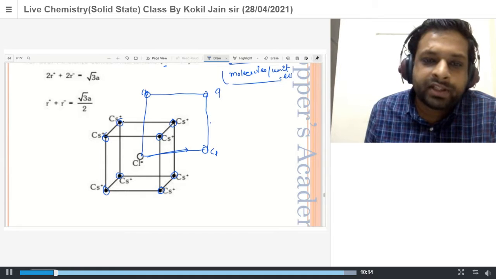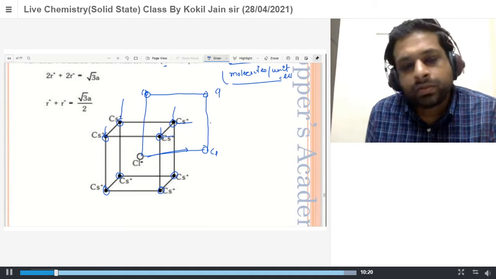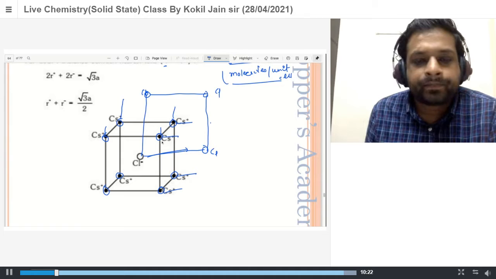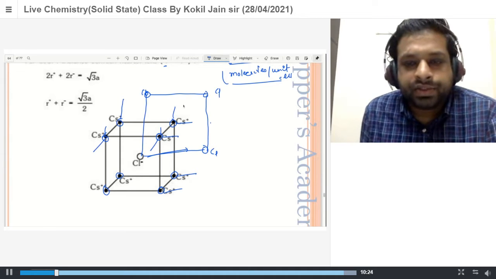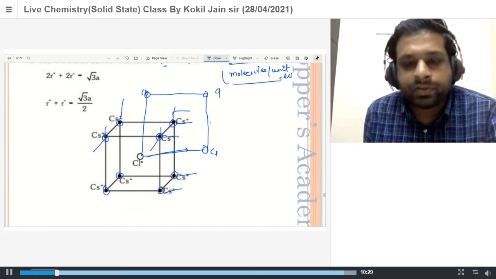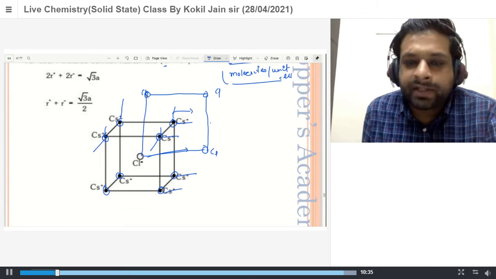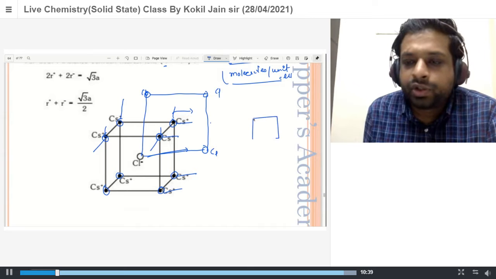If there was one unit cell above this, one on the side of it, one in front of it, and one on the side of the one above, then effectively you can create a similar type of structure for chlorine.